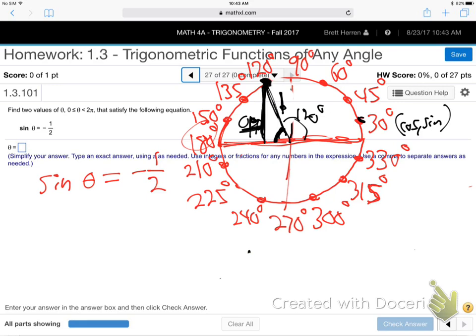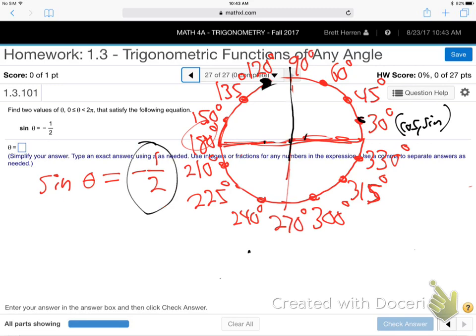So anyway, I'm not doing 120. What am I supposed to do here? What do they want me to do? They want me to look at this and say, where is sine negative a half? And they say there's going to be 2 places. 2 places in 2 minutes. We're almost there. Where's that going to be? Where's sine negative? Now remember my values?